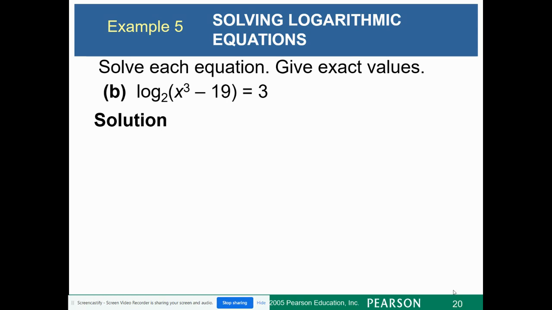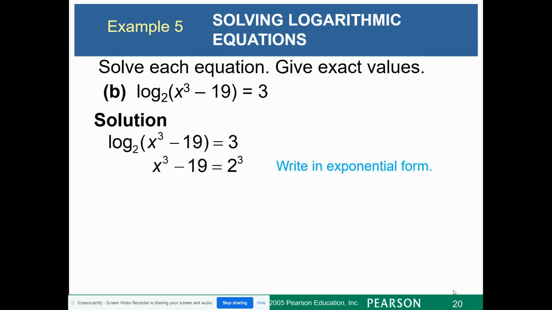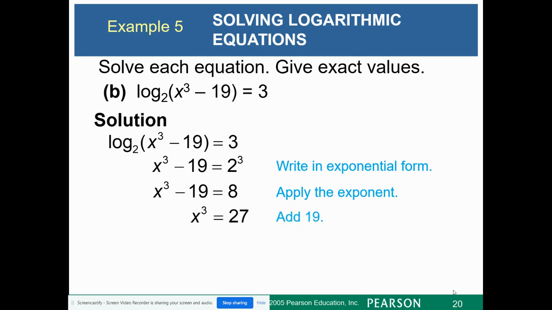I'm going to rewrite this exponentially. So 2 to the third power equals x cubed minus 19. Now since we're solving for x, we want to get x all by itself. So we will add 19 to both sides and then cube root. So x is equal to 3.